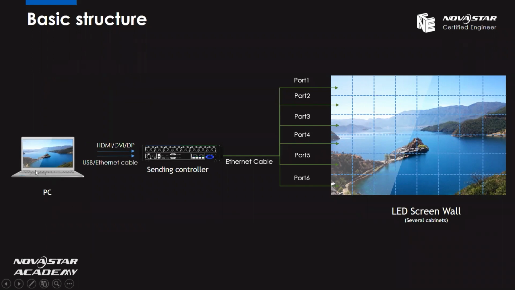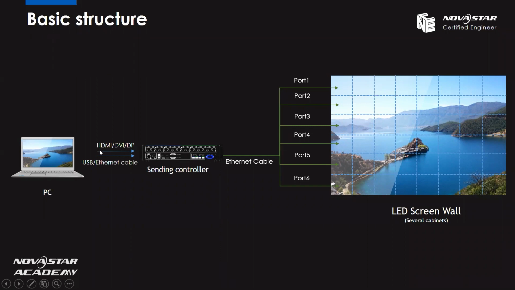Here we can see the control computer is connected to the sending controller by USB cable or Ethernet cable, so the control computer can send control commands to the sending controller.